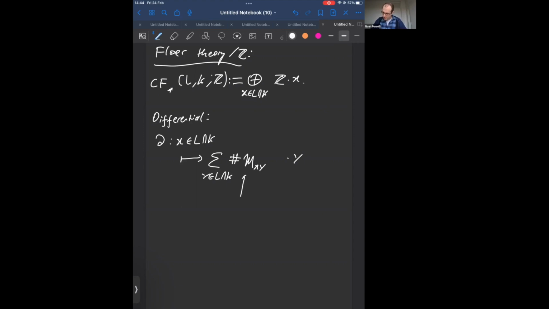I define this count to be 0 if the moduli space has dimension not 0. If it has dimension 0, because it's a compact manifold, it's a finite number of points, and that's the number that I take. Then I define the Floer homology to be the homology of this chain complex.